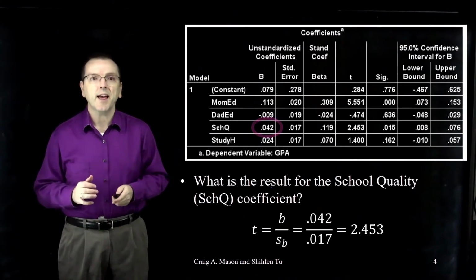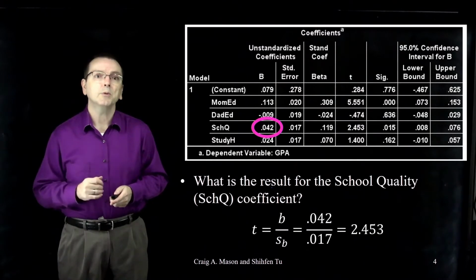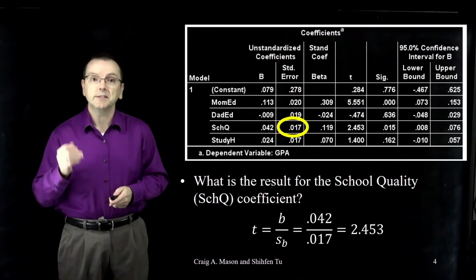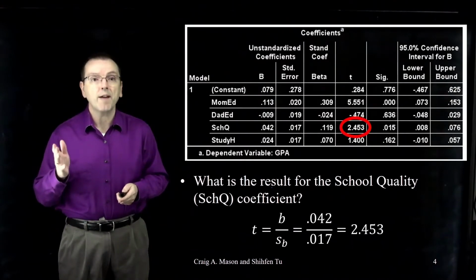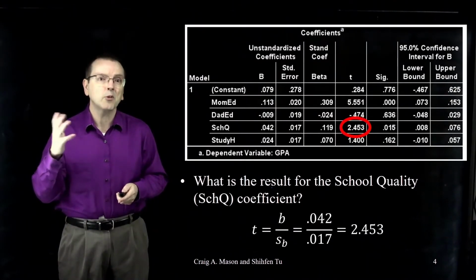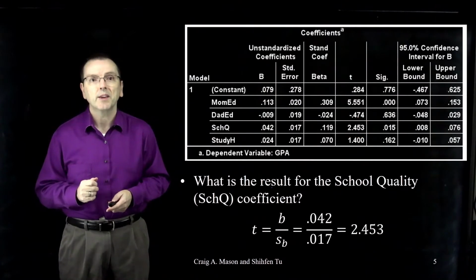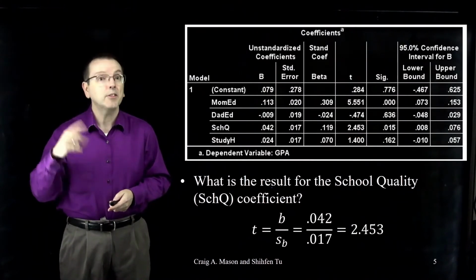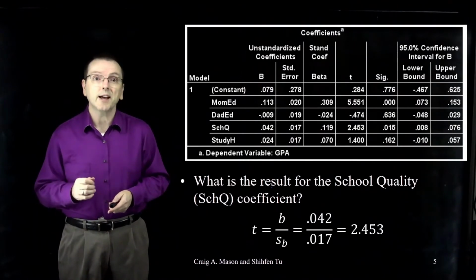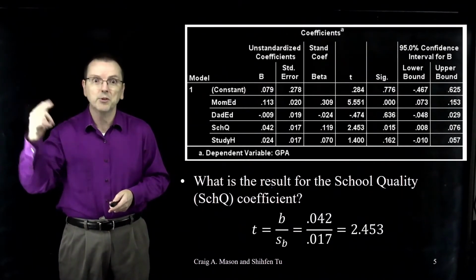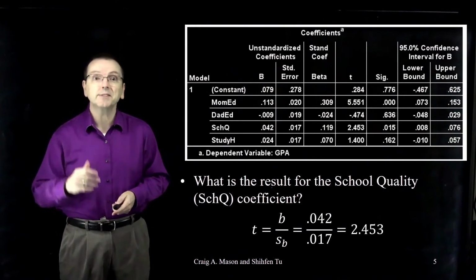So in this case, that's 0.042 divided by 0.017, which is 2.453 using non-rounded numbers. And remember, we have the 395 degrees of freedom that we'll use for our t-test, those residual degrees of freedom from the previous video, right?